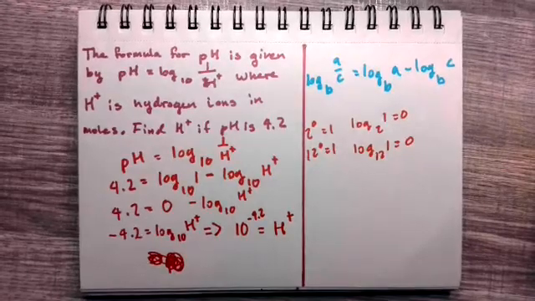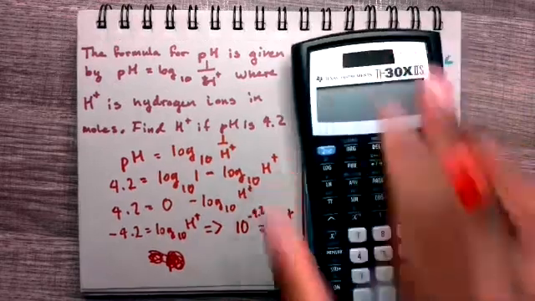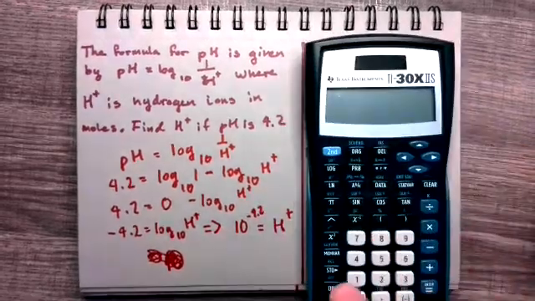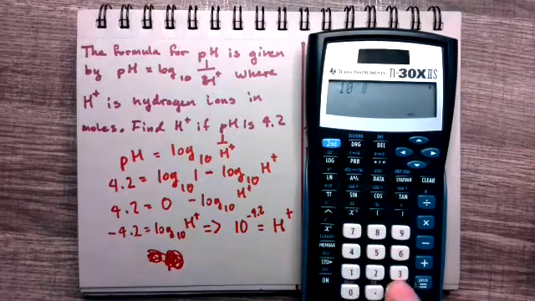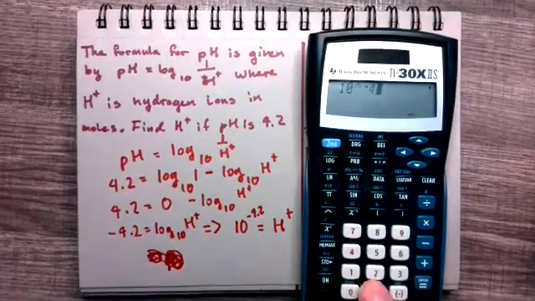And of course, we can put that in our calculator. We can think about it. Let's see. So we've got 10 caret negative 4.2.